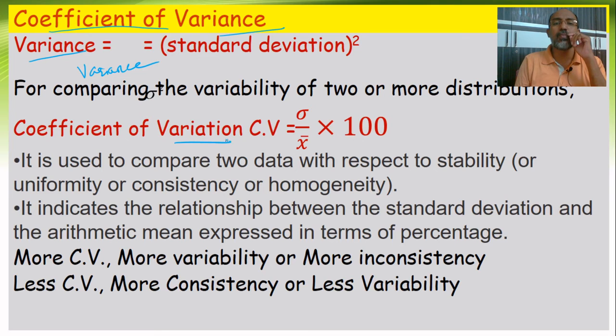A small difference: variance is different, variation is different. Variance means standard deviation square. We call it V. V is equal to standard deviation square, or standard deviation is equal to V under root. V for variance.